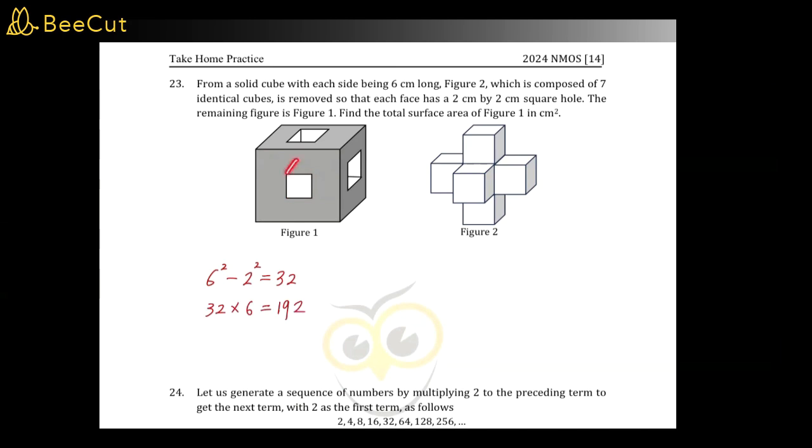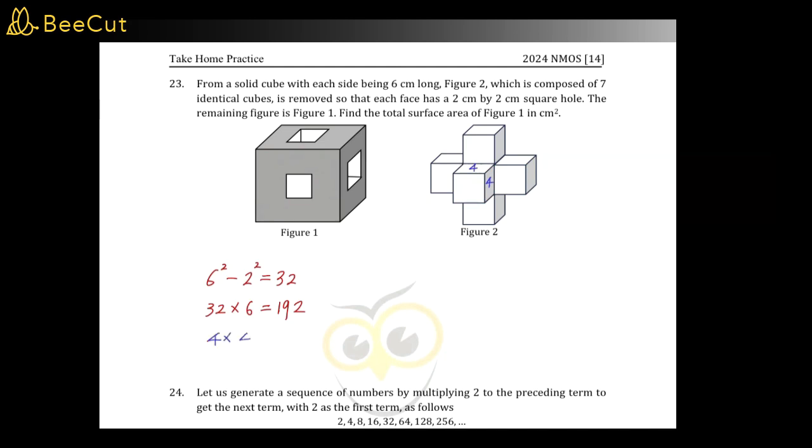Then let's check the inner surface. Okay, there are inner surfaces as well. So we can see it clearer in the second figure. Right, these are the newly introduced surfaces. So for each direction, we have 4 small squares. Each of the small squares is 2 times 2, that's 4 each.